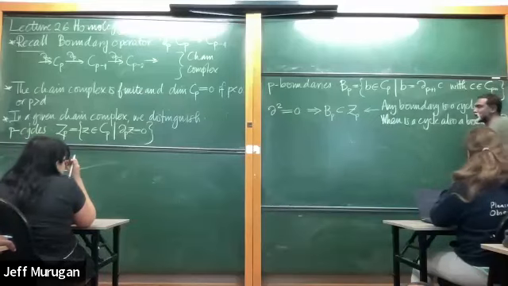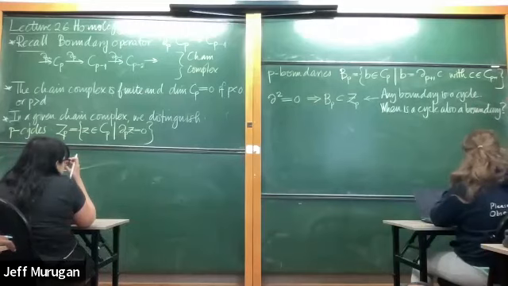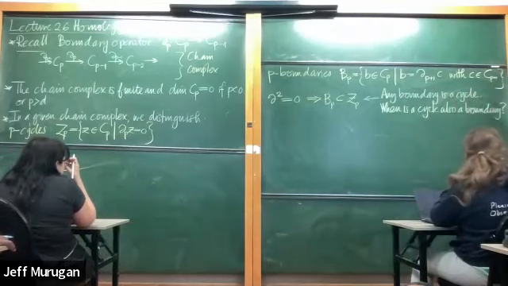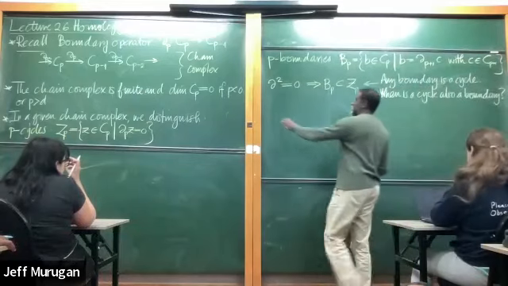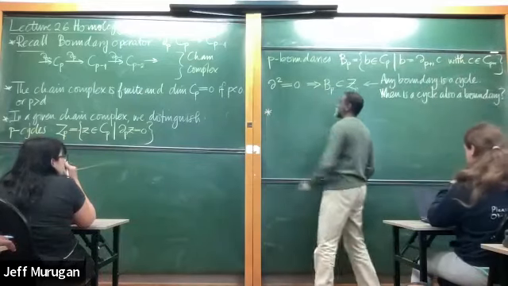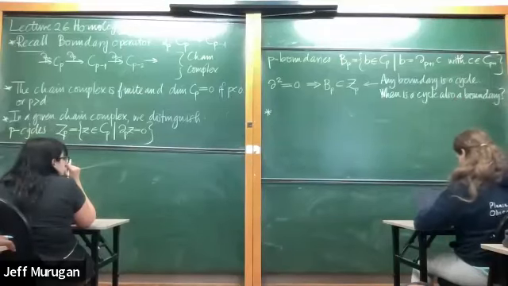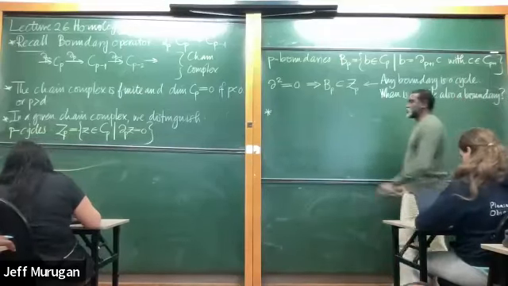This is obviously a non-trivial question. It's as non-trivial as asking when a closed form is exact. But as in the other case, we'll be able to make some progress. We can find the quotient space H_p.